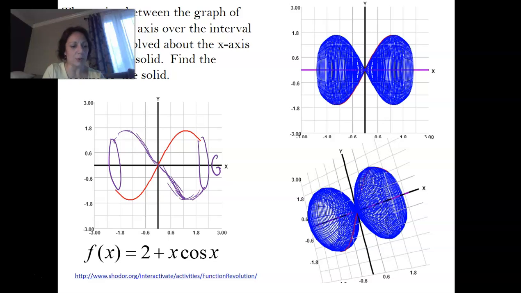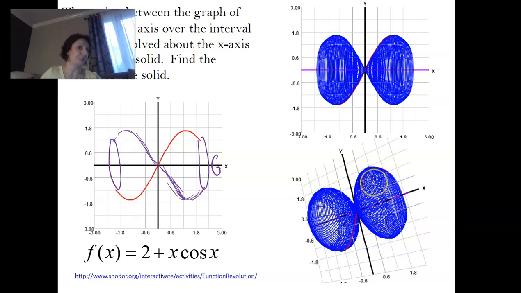This is not a closed end here, right? And you can kind of see that in this graph here that's tilted, that you're kind of looking down the x-axis a little bit. You can see the openings there. But this one on the top, where you're looking straight on at it, it's like a little bow tie. Right? But when you turn it, you can see kind of the 3D nature of it a little bit more.